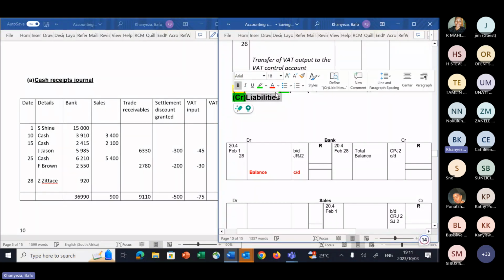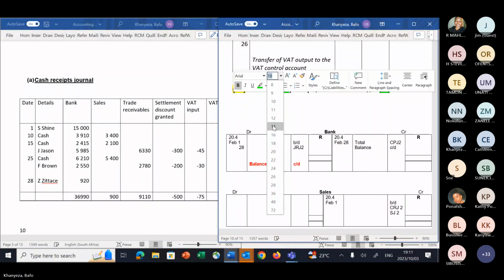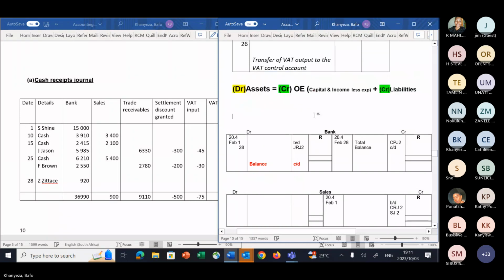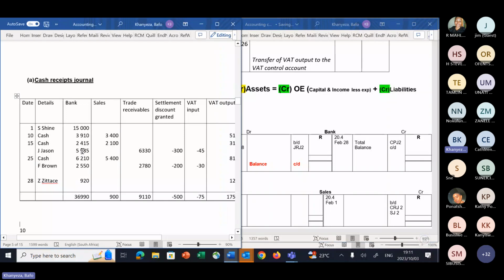It's owner's equity plus liabilities, which is capital minus expenses. Now, how do we decide? Remember the cash receipts journal and the other journals: we were summarizing information, batching it. Now we've got the totals, and the requirement was that we post into the ledger.